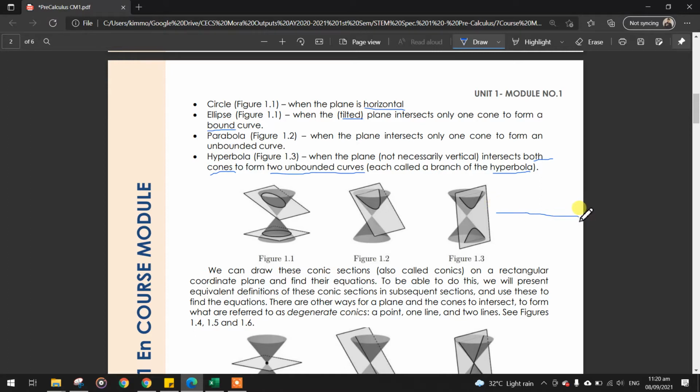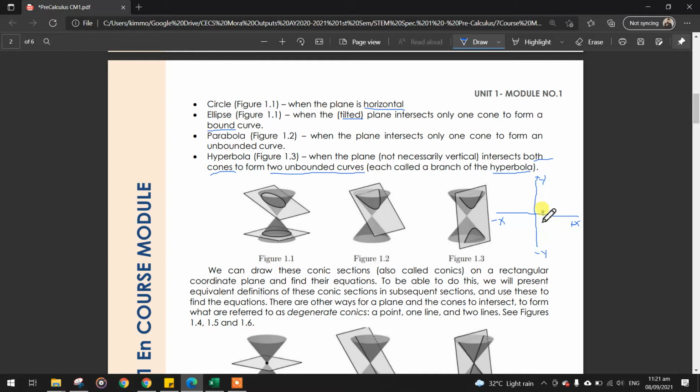X-axis is the horizontal axis where ang sa imong right side is your positive side sa imong x-axis and sa imong left is your negative x-axis. Then your y-axis is the vertical nga line nimo, line axis. So sa taas is your positive y. So positive ni siya nga x, positive nga y. And the lower part is your negative nga y.